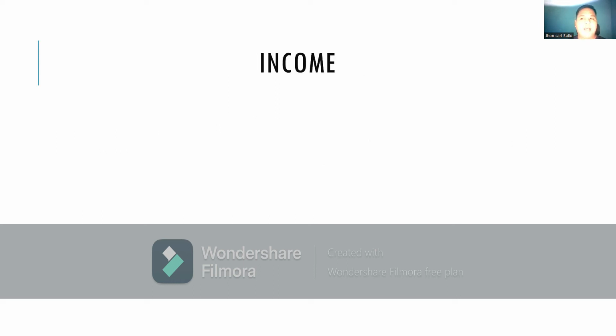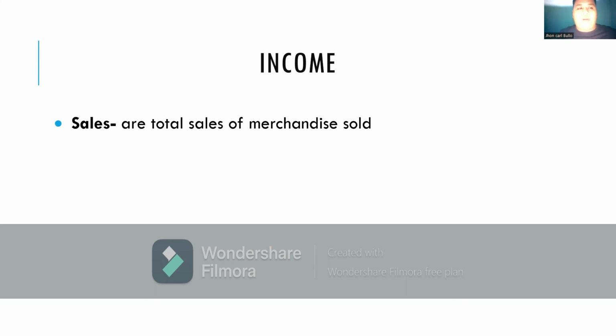Okay? Then the fourth one, we have the income or the revenue, as we call it. We have the sales, or the total sales of merchandise sold. These are the products availed by the customers and we record it as the sales. But we have confusions in terms of the sales.